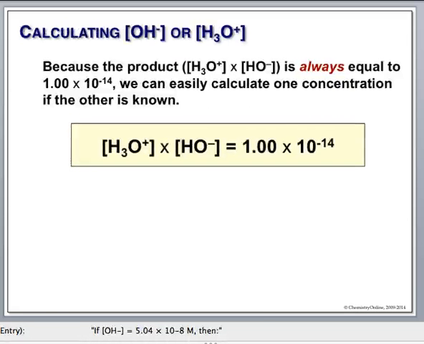All right. If we know that this relationship is always true, hydronium times hydroxide will always be 10 to the minus 14. If I give you hydronium or hydroxide, you can calculate the other one, can't you?